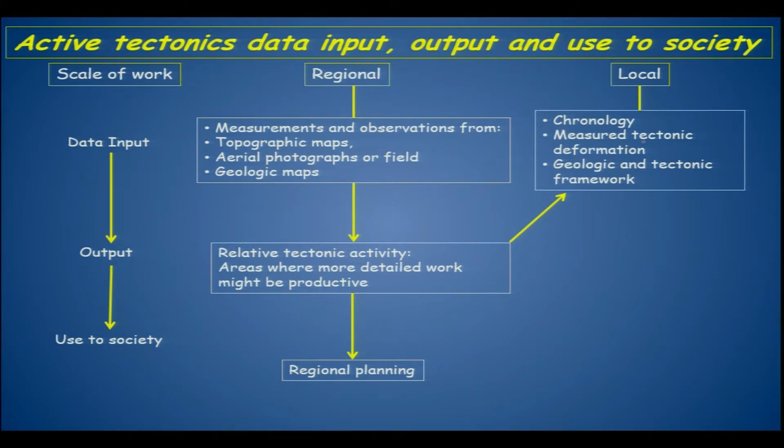So that you can talk about the slip rate, the uplift rate, and so on. And also one can discuss the geological and tectonic framework, on the regional as well as the local scale, that is, what are the implications of the geology and the tectonic framework, the structural framework of the region, particularly on the active tectonic part.